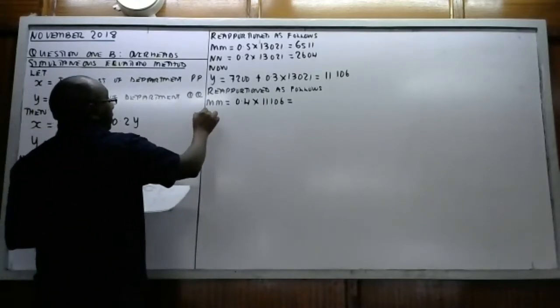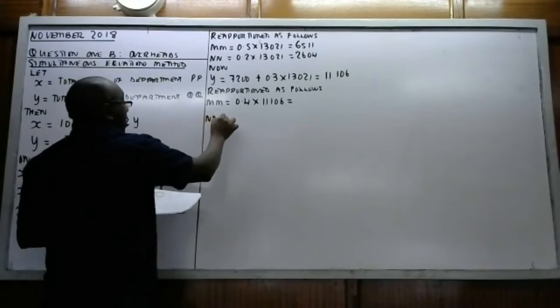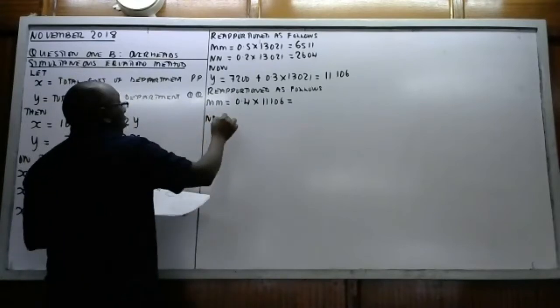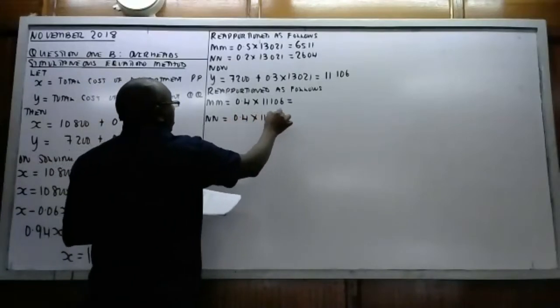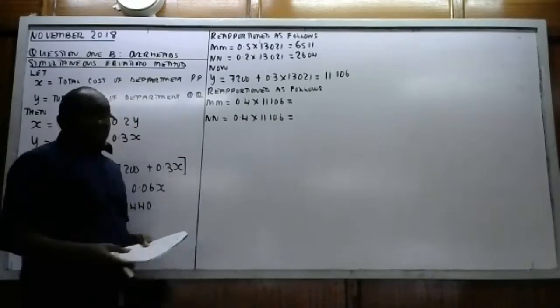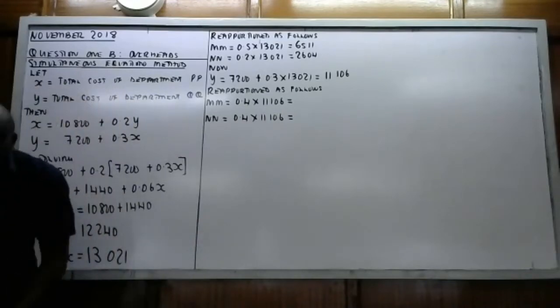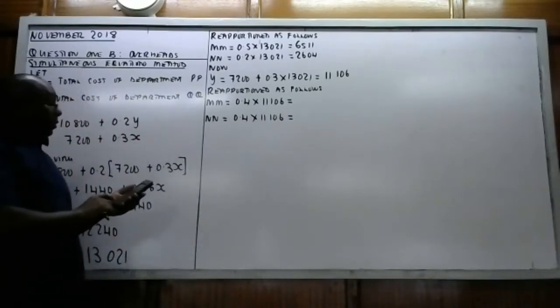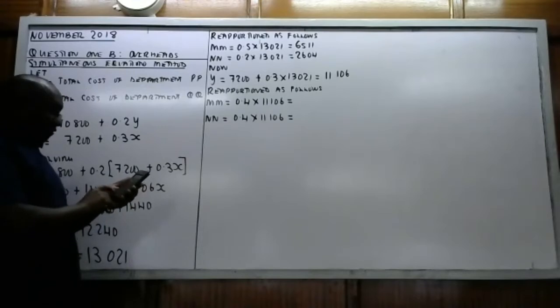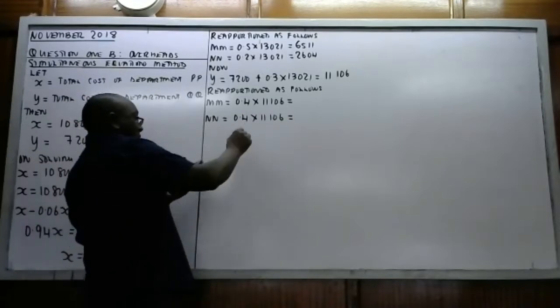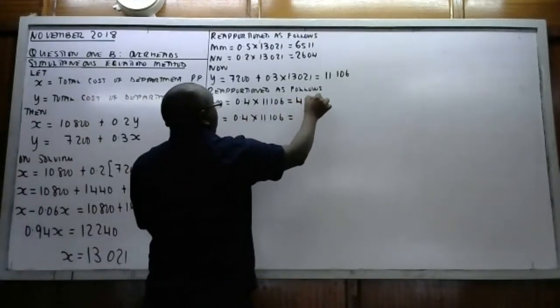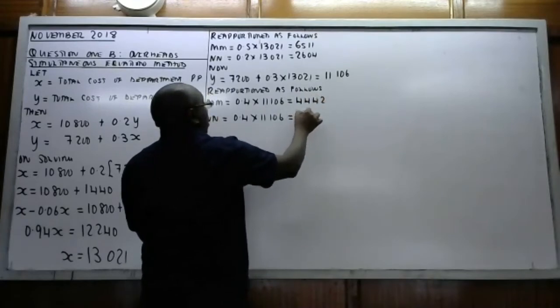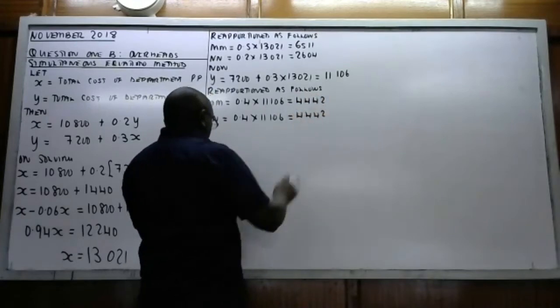And then NN is getting also 40%. So 0.4 of 11,106 is 4,442.